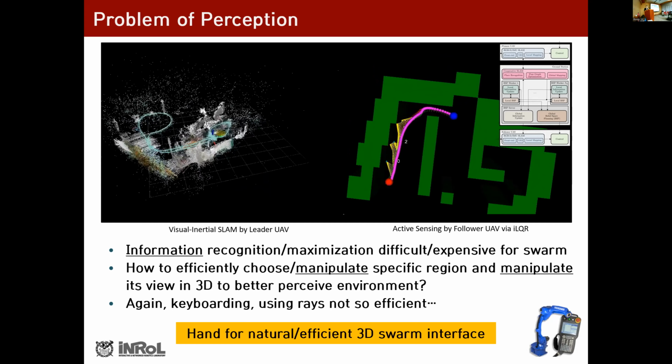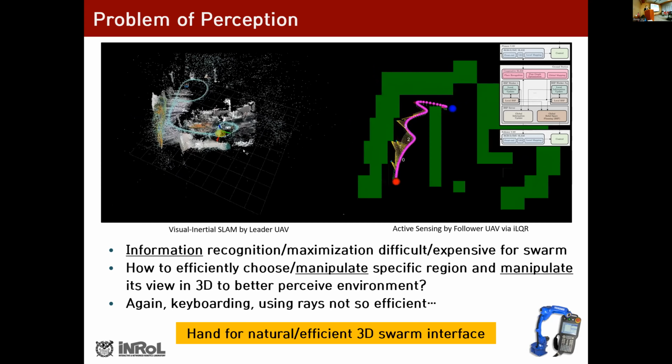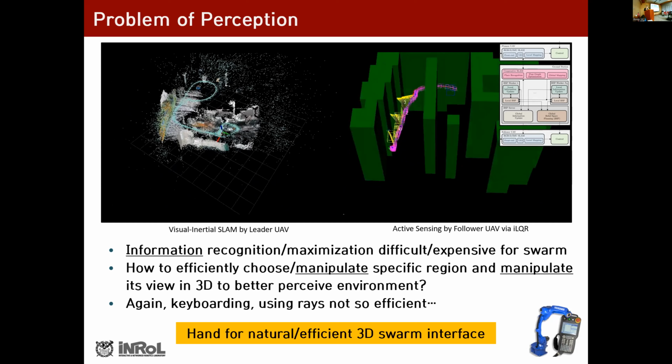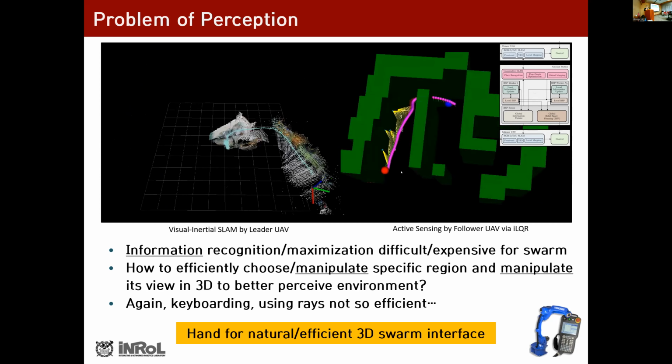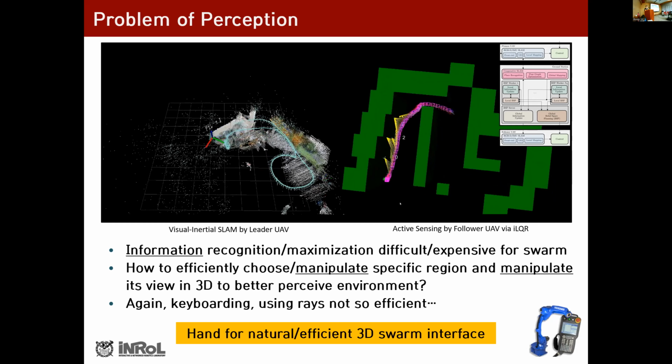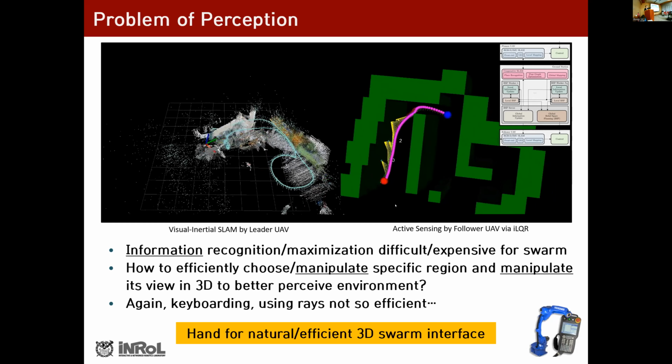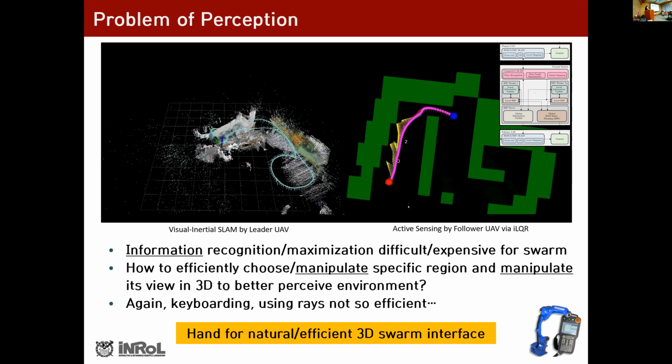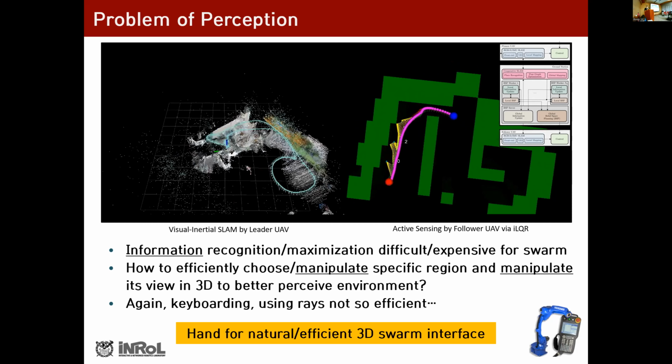It is computationally very, very expensive. However, this kind of thing would not be that difficult if a human can directly control it, because humans are good at detecting which kind of scene has more information and so on and so forth. So again, it's a manipulation problem: choose some specific objects and maybe some specific group of agents in 3D environments, and maybe move them and align them toward the objects.